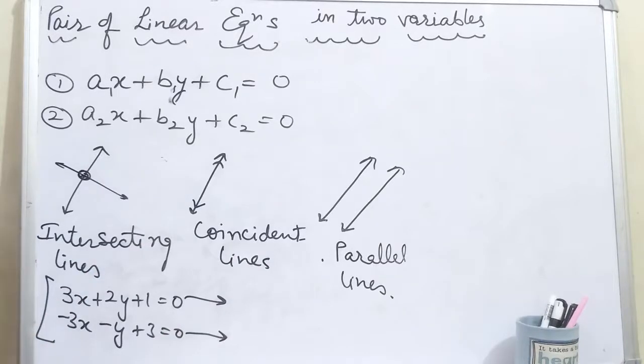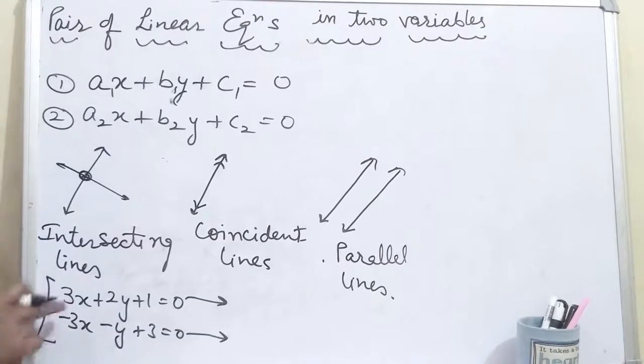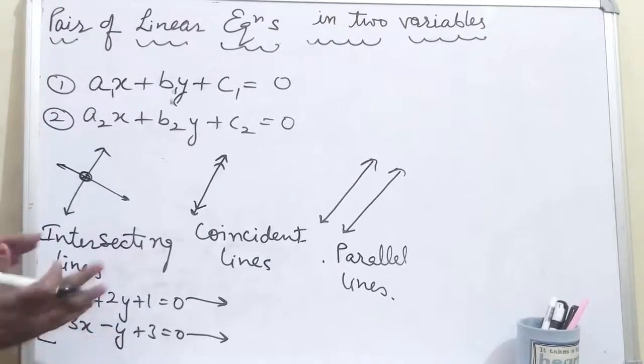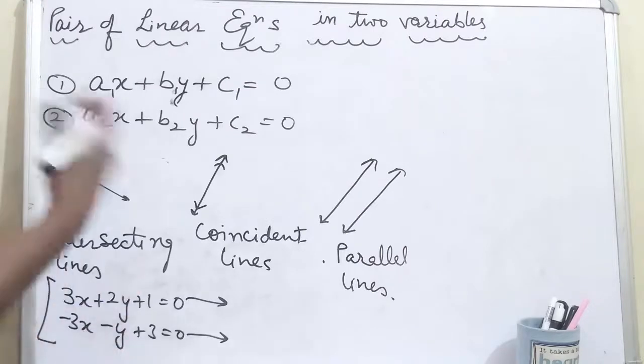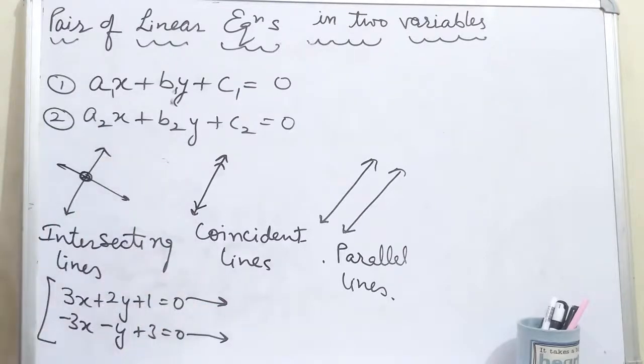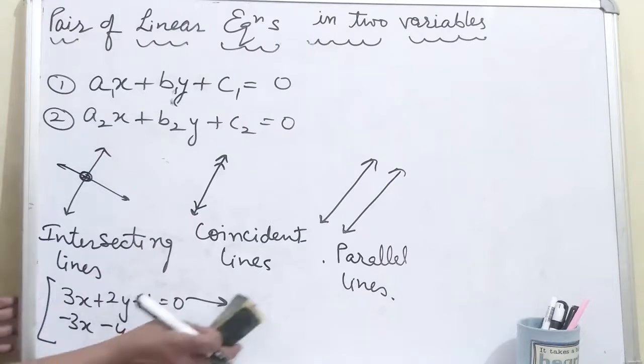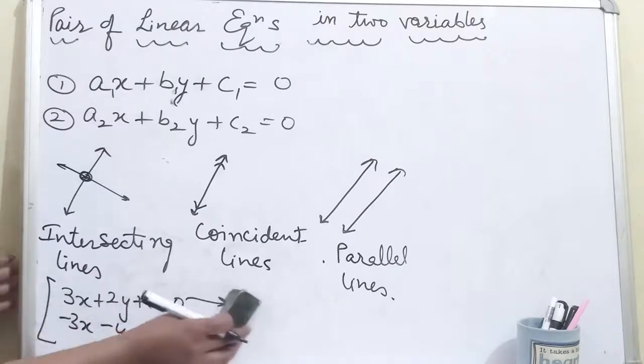But if I want to know in which form I get the graph without plotting, can you tell me? We have a method by which we do not need to plot the graph. Without plotting the graph, we can tell what type of lines we will get. How is it possible? Let us see.